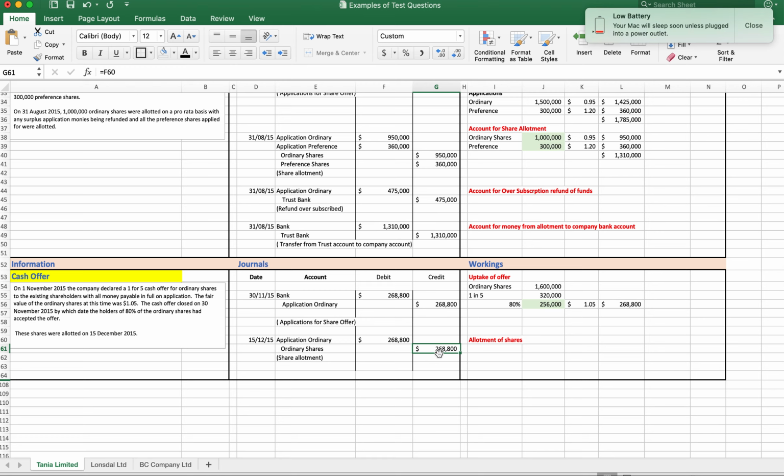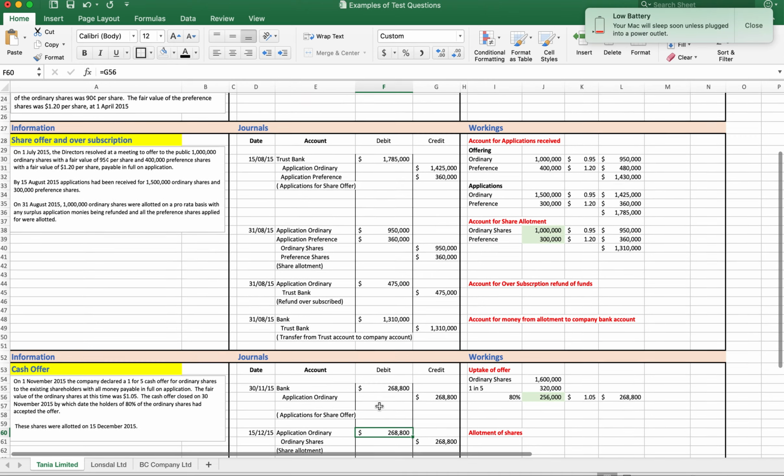By issuing $268,800 worth of shares, that's the journal entry, so we no longer owe those people any money. They've got share scrip. We can close off that account. So we've increased the number of shares we've got and the share capital.